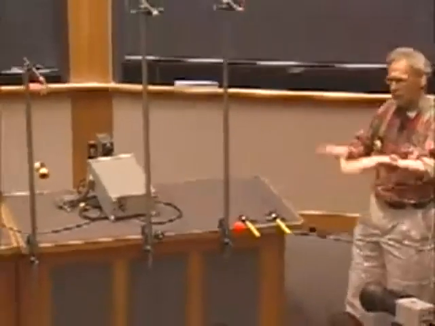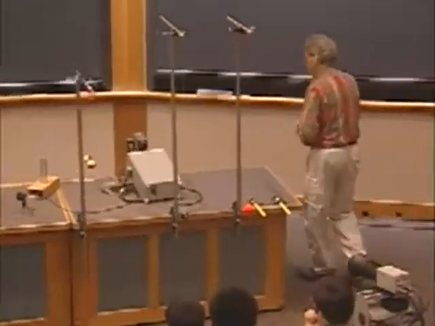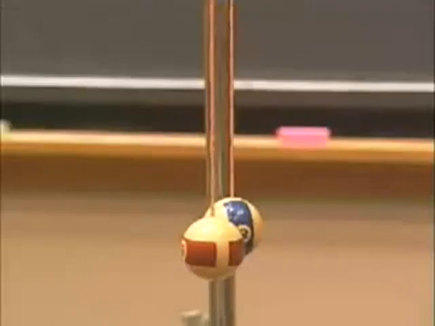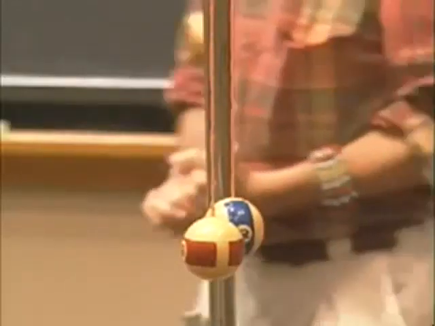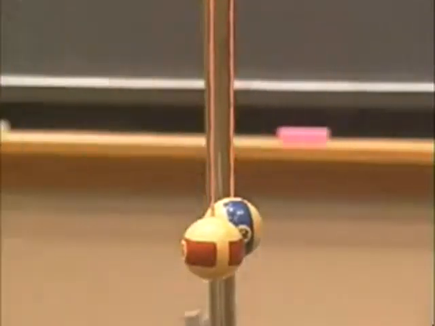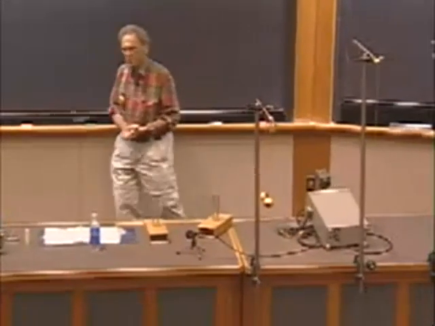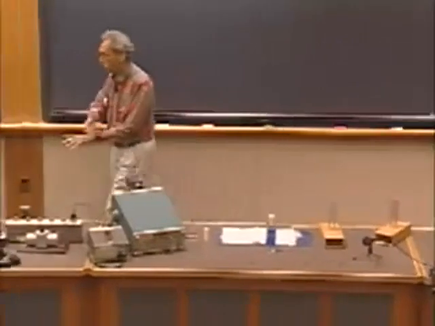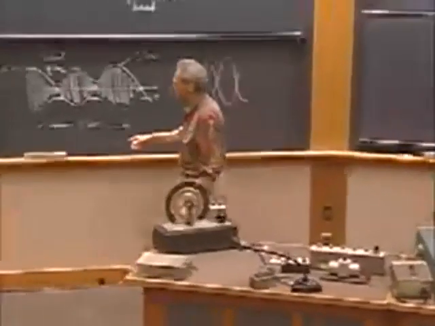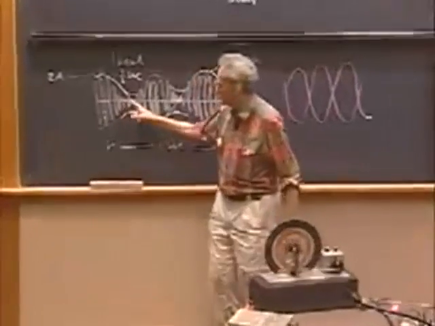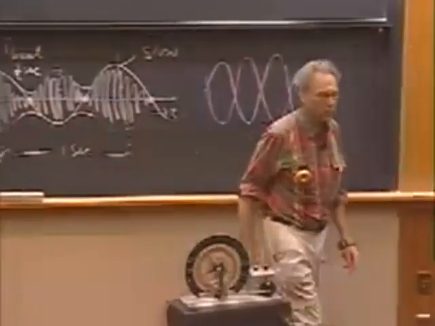And so when I give them both a certain amplitude, they will go in unison. They are in phase, but no matter how hard you try, they will never be exactly the same. So as I continue the lecture, you will see that they gradually go out of phase. And it may take 5 minutes for them to be out of phase. That would be then the time from here to here. That would be half a beat period.